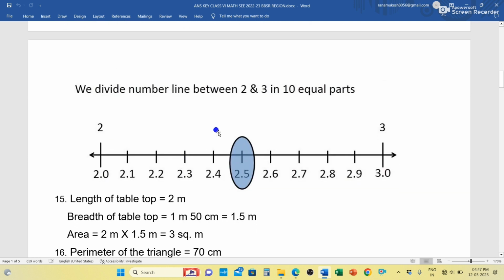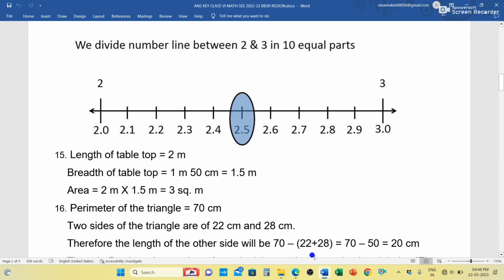And to show 2.5, you have to divide the portion from 2 to 3 into 10 equal parts again, and the fifth part will be 2.5. Right, 2.5 is exactly in between 2 and 3. So in the middle portion there will be 2.5.